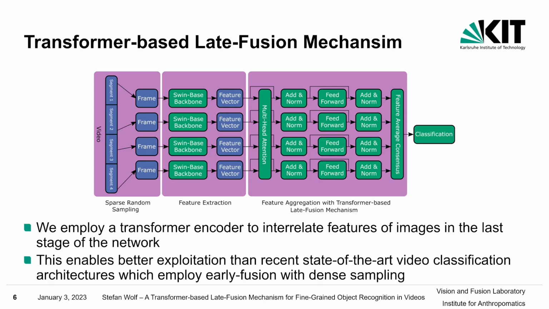All these feature vectors we feed into a transformer encoder layer that provides a sophisticated interrelation of the features. Afterwards, we average all outcoming feature vectors, so we have a single resulting feature vector that we put into a classification layer.